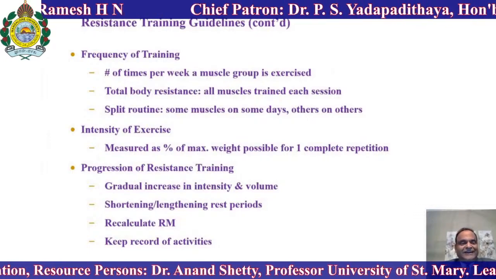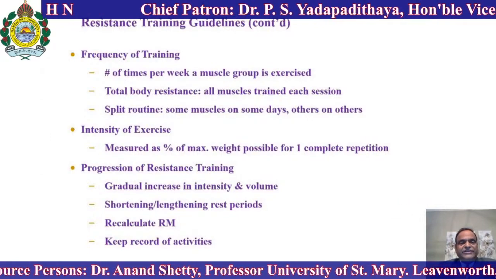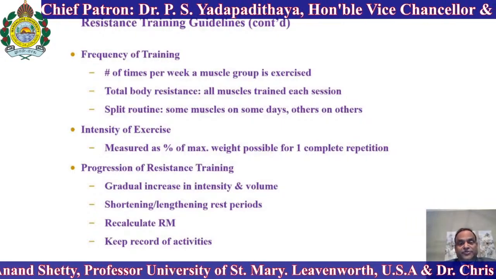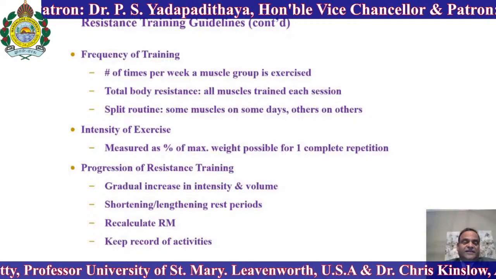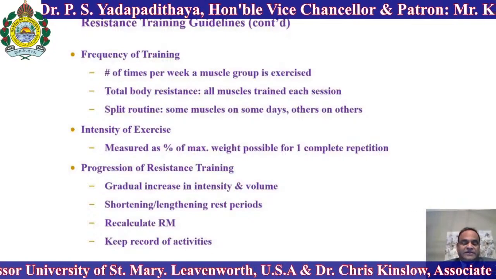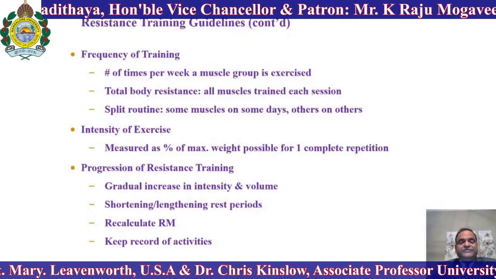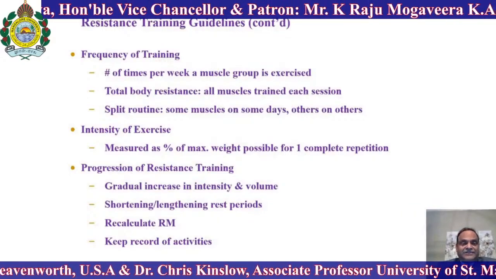Resistance training guidelines. Again, the frequency of training, as I mentioned to you, is how many times per week a muscle group is exercised. It may be 2 to 3 times for the general population, and maybe 4 to 6 times for athletes.